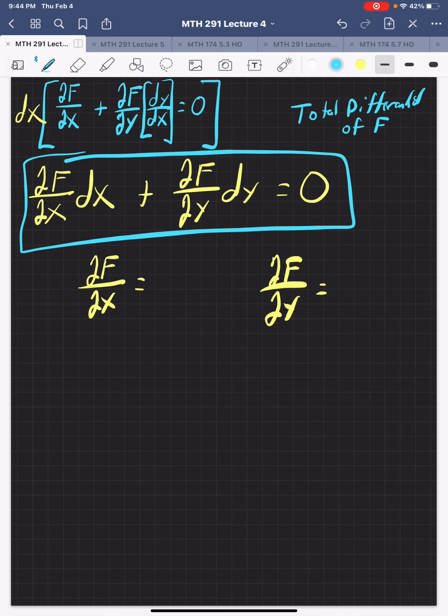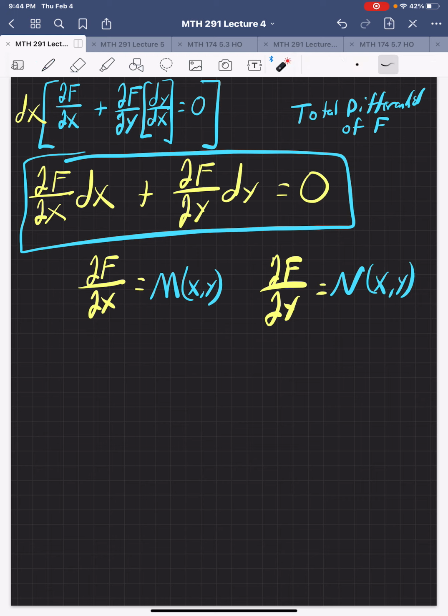So we're going to label the partial of f with respect to x as M, and the partial of f with respect to y as N. Just please understand that each is a function of x and y. Okay?